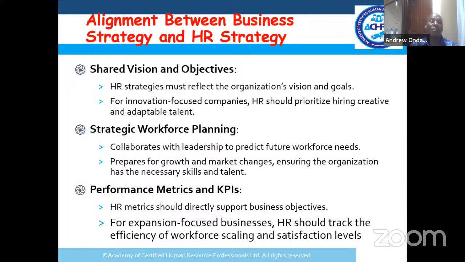Talking of objectives, this is what we want to achieve over a period of time. For example, an organization may have a strategy of achieving an increment of 20% of market share. 20% of market share in the next 5 years. So this is cascaded down to HR managers. How do we achieve 20% of our market share?